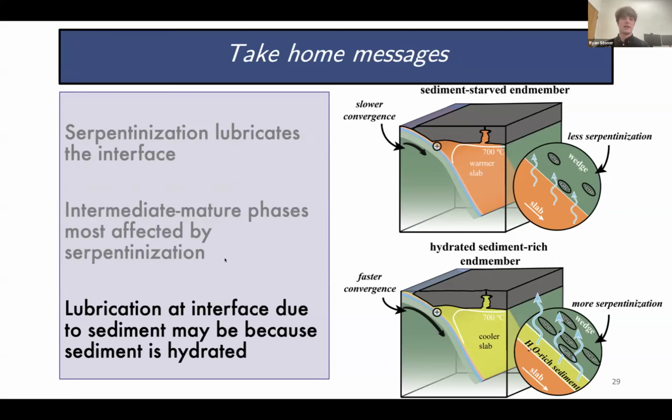And bringing it all together, one of our main takeaways, despite the complexity, is that we expect that lubrication at the interface that has been hypothesized to be due to sediment might not only be because of the sediment itself being weak, but because the sediment is hydrated, that releases fluids, forms weak minerals, and then that can lubricate the interface. So with that, thank you for your attention, and I'll take any questions.